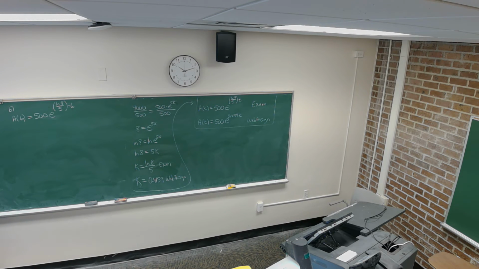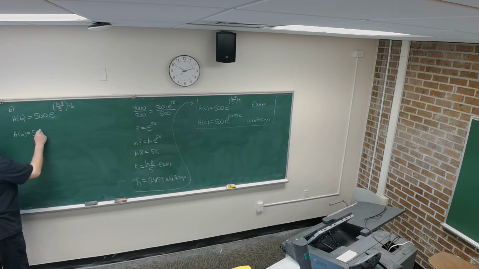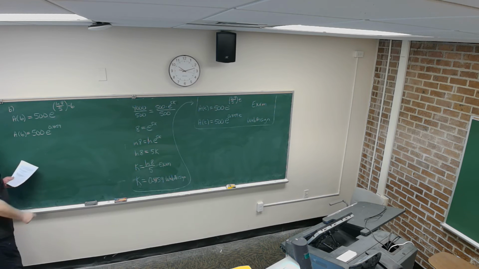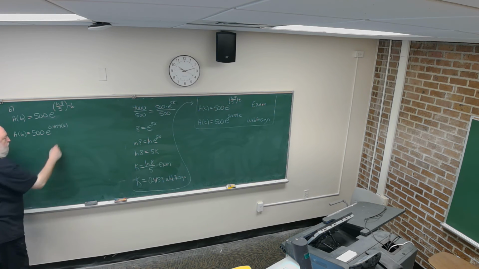Okay. For WebAssign, A of 6 is equal to 500 times E raised to 0.4159 times 6, right?